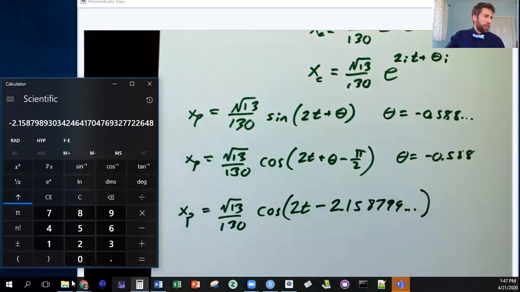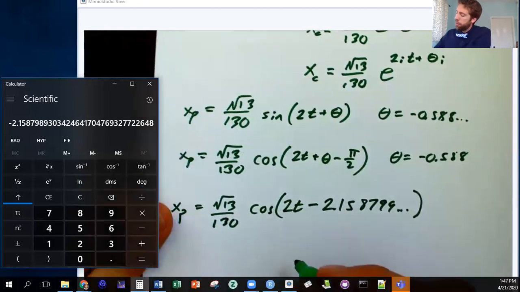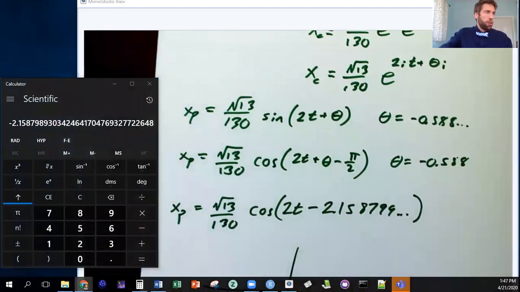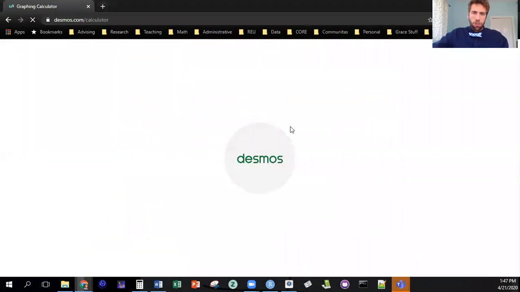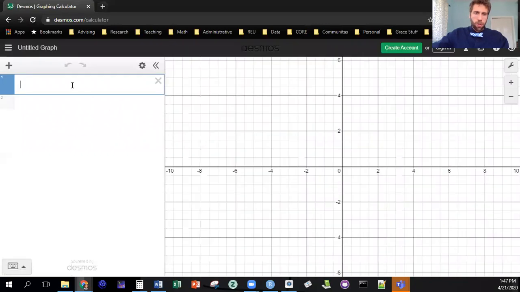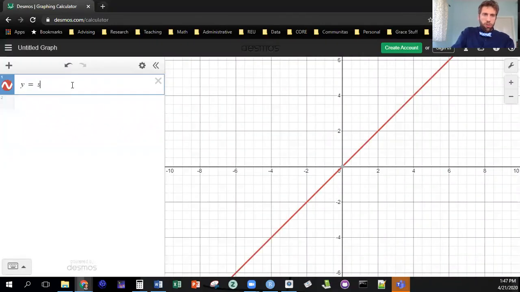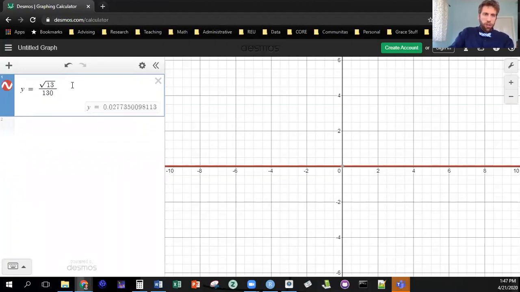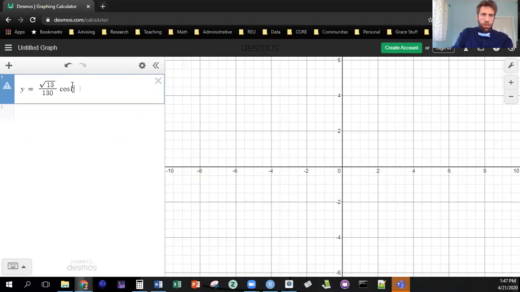So that completes it. Oh, now I want to plot it. So as long as I have that, I can plot it. Let me plot it in Desmos so you can see the intricacies here. So y equals square root of 13 over 130 times cosine of 2t. Let's make it 2x so that the graph's better.